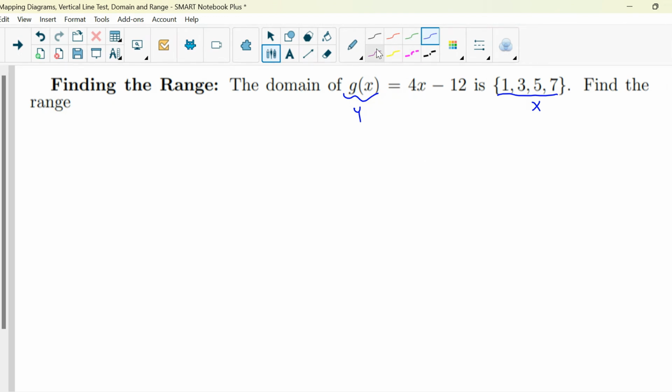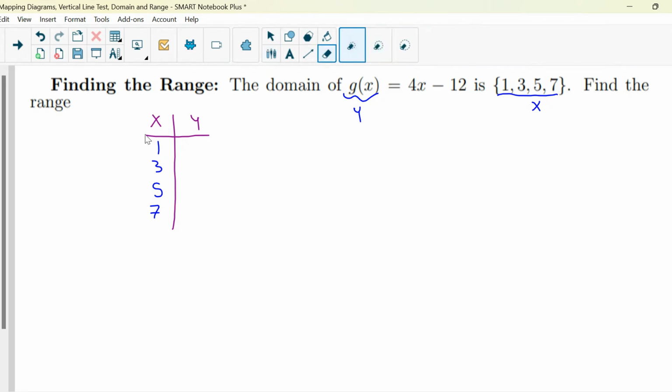So these inputs that they give you, domain, represents your x values. So in order to find your possible y values, you're going to have to create a table, just like we did in 4.1. So list all of your possible inputs. We've got 1, 3, 5, and 7. And our y values, I should have actually written this as our g of x values. So substitute in each of your x values into your function to calculate your g of x values.